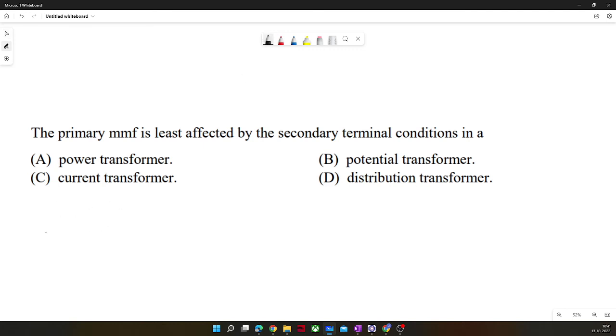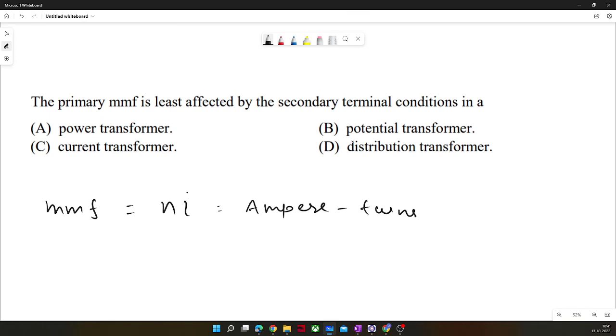So MMF is generally NI, right? So this is ampere turns. Least affected by secondary terminal means it will not change, or it will not care about whatever is happening at the secondary terminal side.